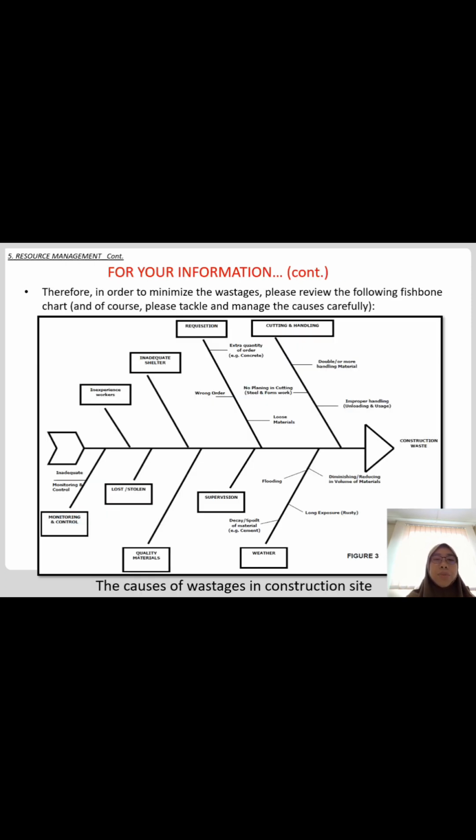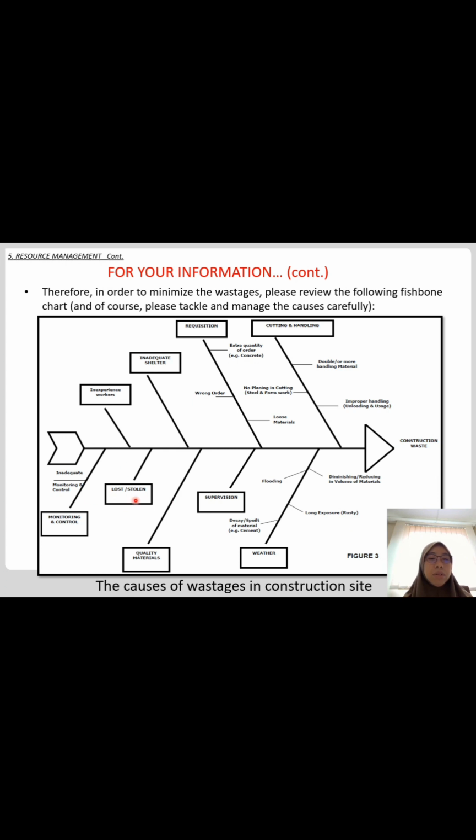Therefore, in order to minimize the wastage, please review the following fishbone chart, and of course, please tackle and manage the causes carefully. The fishbone shows the causes of wastage in construction site. It started with monitoring and control, and the experience of workers, because if the workers are not experienced, they will tend to make mistakes, and mistakes will lead to wastage.